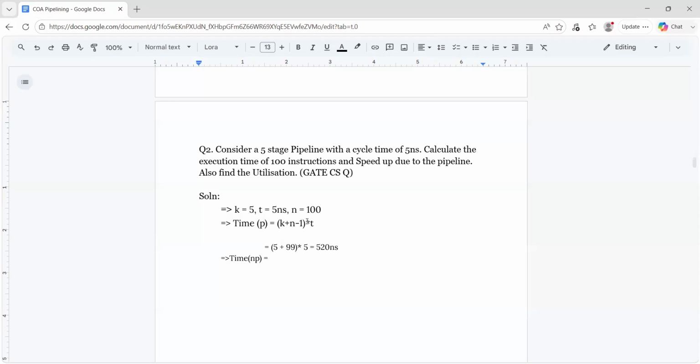So what is the formula for non-pipelining? Following the formula, we get 500 into 5 nanoseconds.